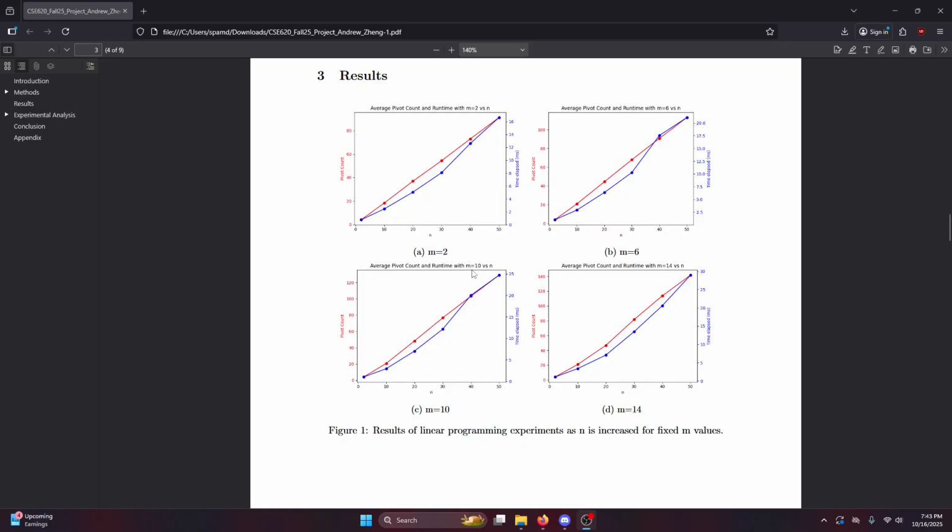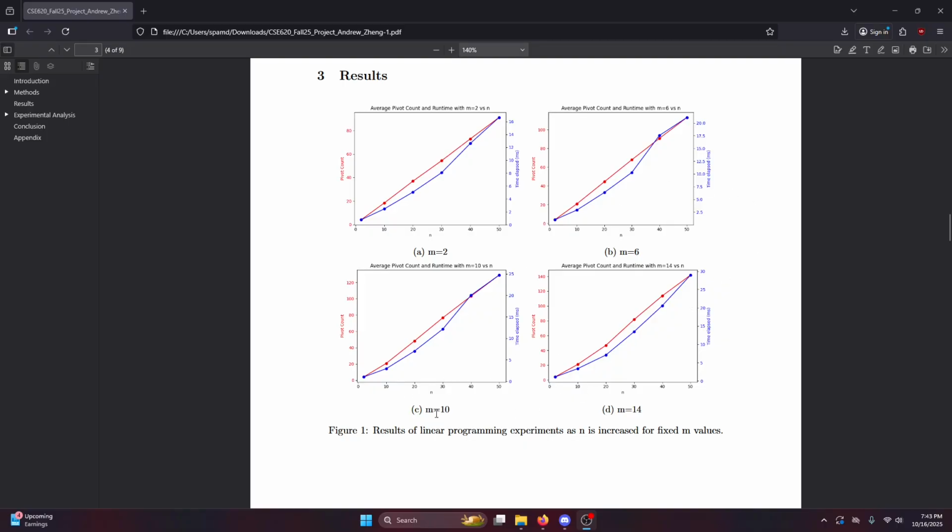The most interesting result from our experiments involved the shape of the trend lines we saw as we varied the number of decision variables and constraints. We had two sets of graphs: one where we held the number of constraints constant and varied the number of decision variables, and one where we did the opposite.